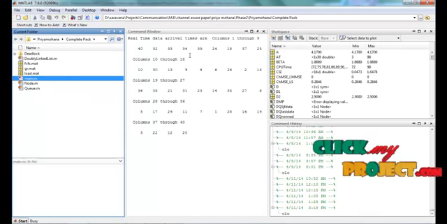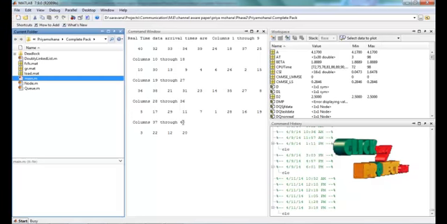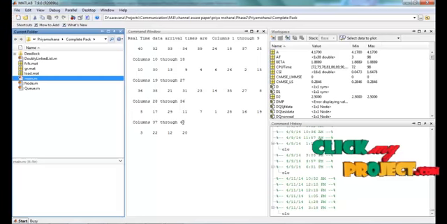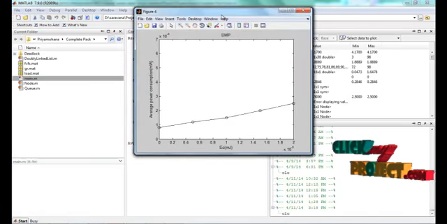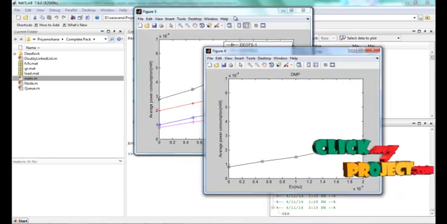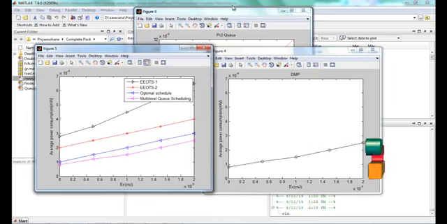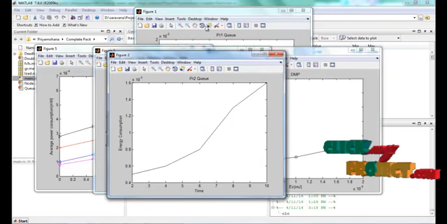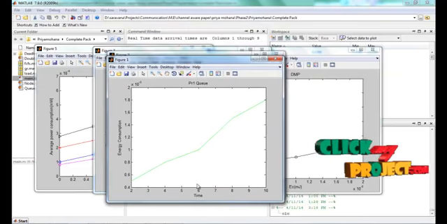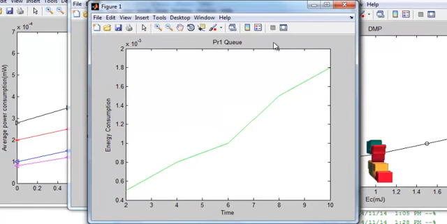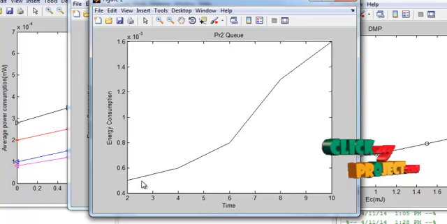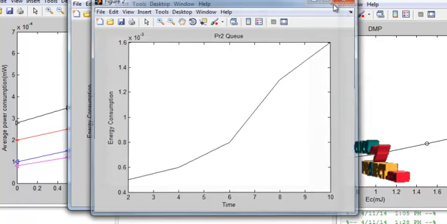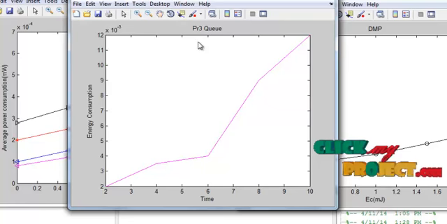Here the command window displays the data transmitted in each and every queue. Figure 1 shows the time versus energy consumption of the PR1 queue data, figure 2 shows the energy consumption versus time for the PR2 queue data, and figure 3 shows the PR3 queue data.